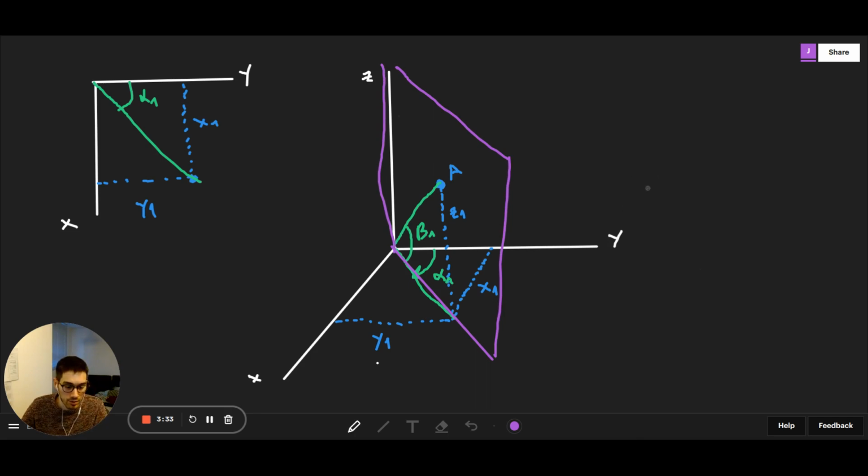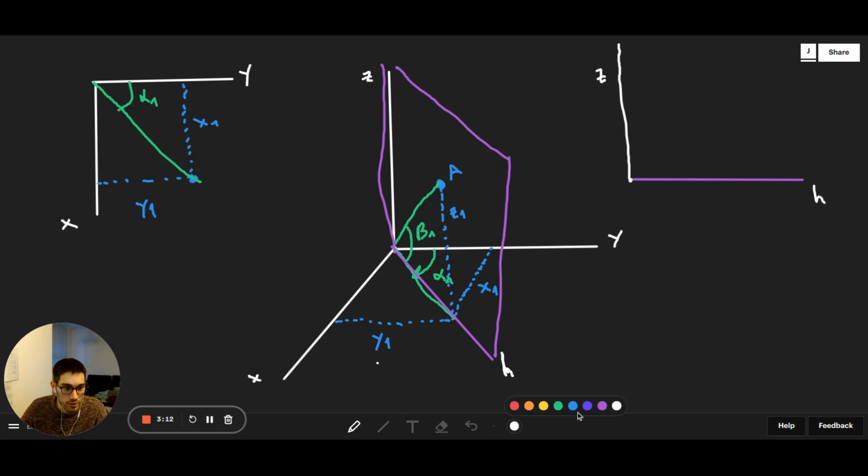Let's try to make it simple. This, and then the vertical z-axis. So this is the z. Let's call this the h-axis.